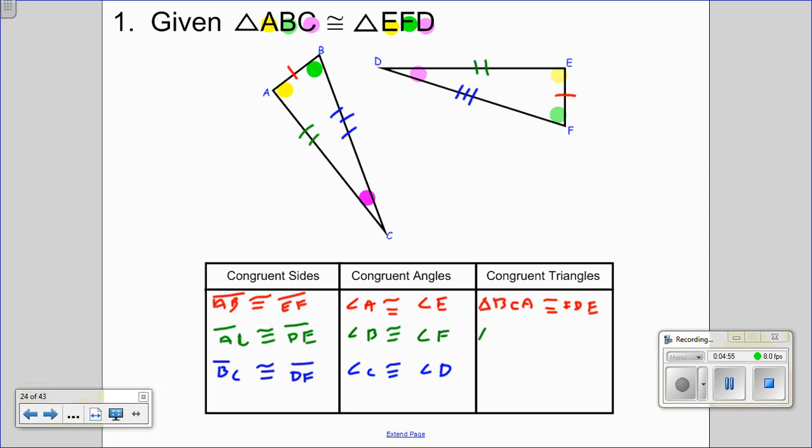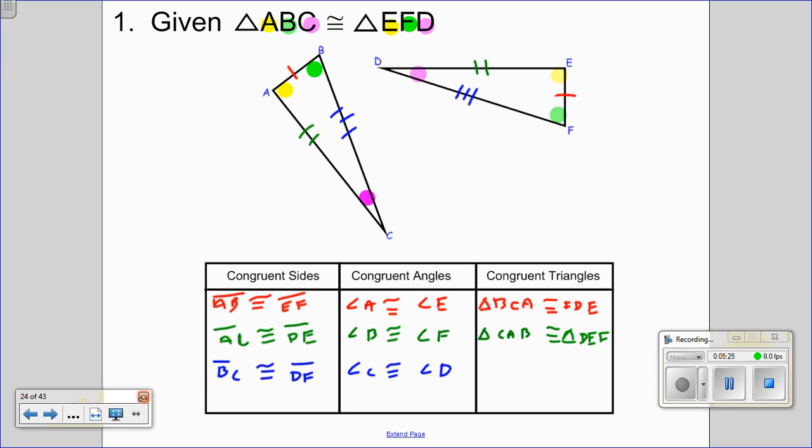That also means triangle CAB is congruent with triangle DEF. Again, you're keeping the order, the same vertices that are congruent together. And you can mix it up any kind of way.